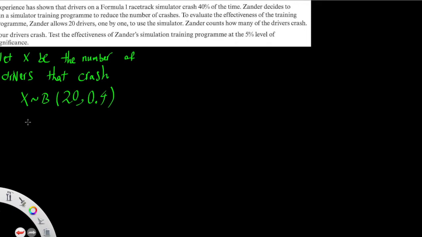Now, the null and alternative hypotheses. The question initially says that 40% of the time a crash occurs, so the probability of crash is 0.4. Now, Zander has run this training program to reduce the number of crashes, so the probability is going to be less than 0.4.